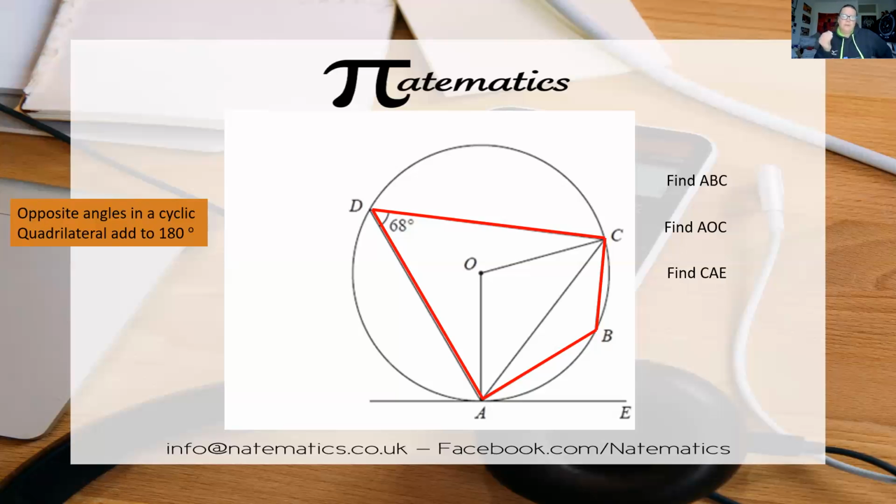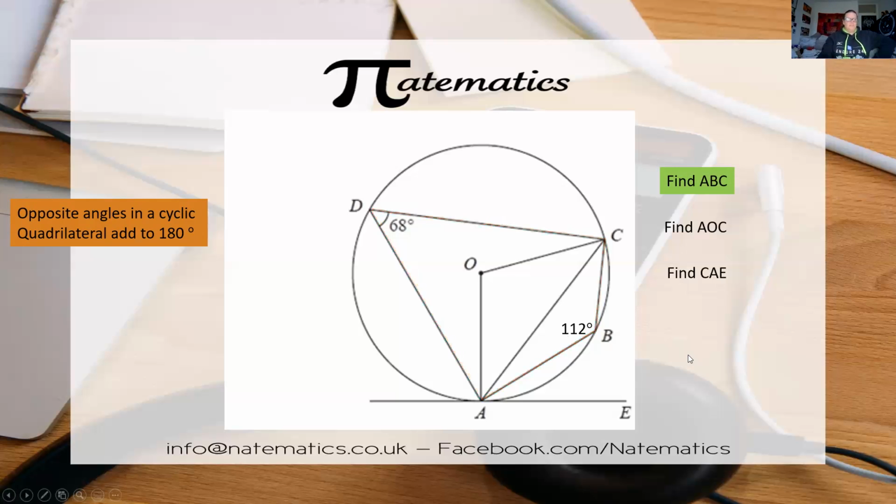In a cyclic quadrilateral, opposite angles add to 180 degrees. That's a rule, you've just got to know it and remember it. So this angle here and this angle here add to 180. Therefore I can work out that angle there as being 112 degrees. You can do the maths afterwards. So those two add up to 180. Excellent. We can give that one a tick. So we've done that one.